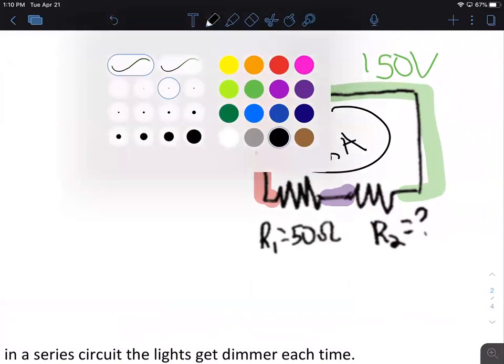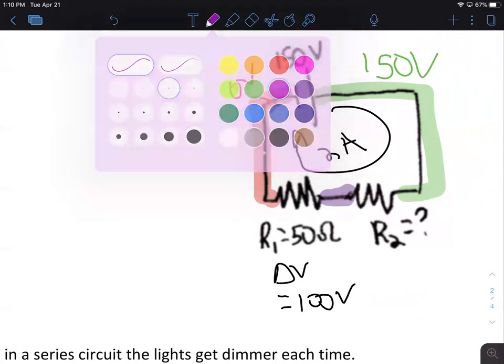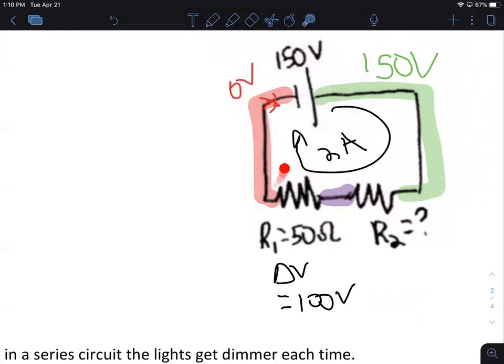I look at this resistor here. It's got 50 ohms. It's got a current of 2 amps going through it. So that's V equals IR, a 100 volt change. I've got 0, so this had to have been 100. Here's 100, changed by 100, to 0.